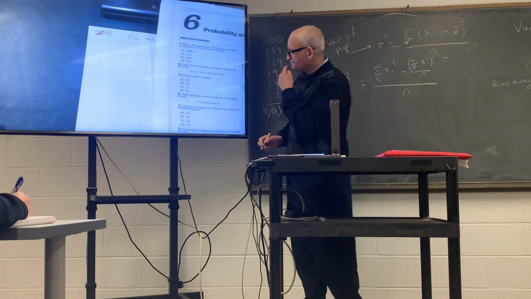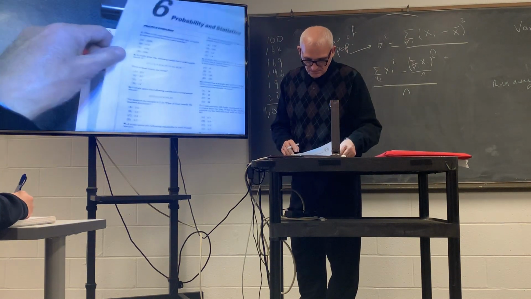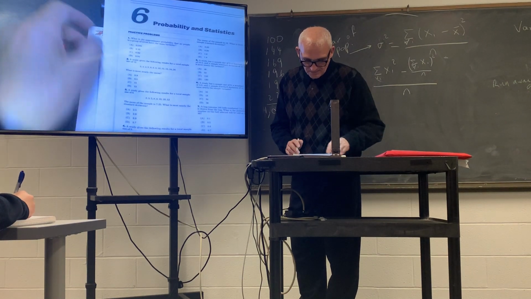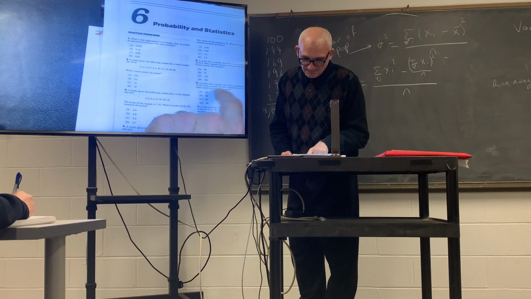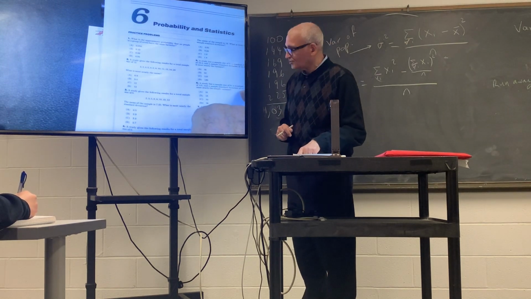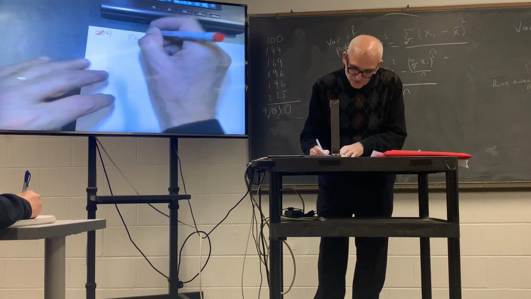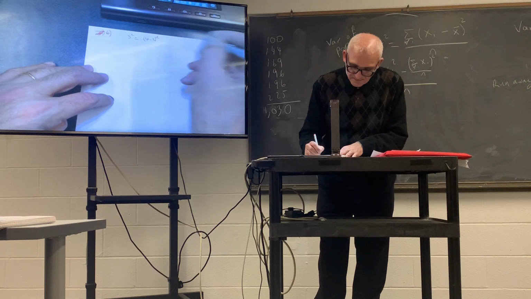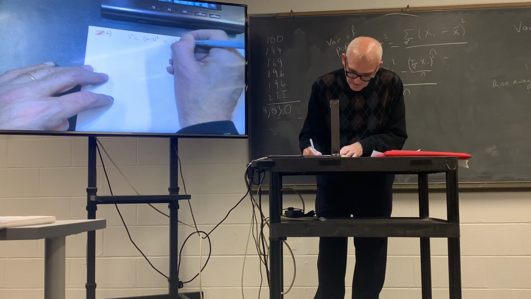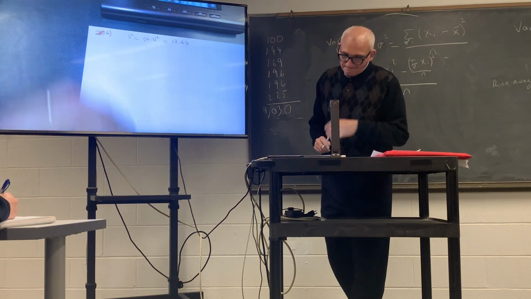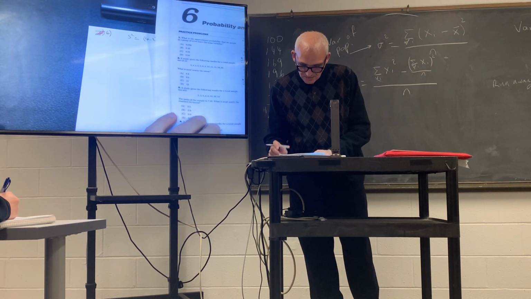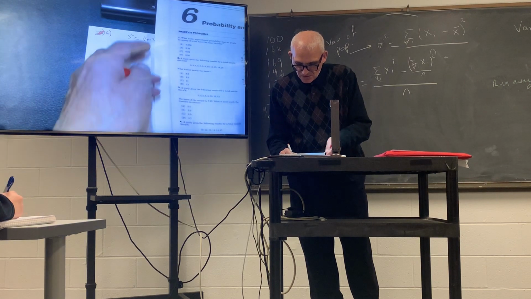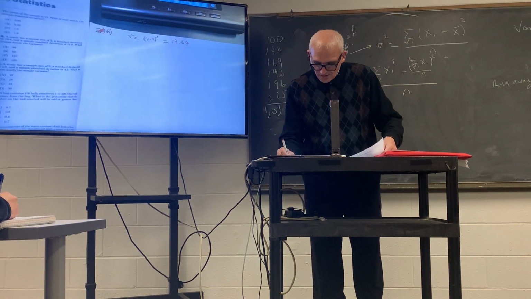Because they tell you that the standard deviation is 4, but the sample standard deviation is 4.2. So it's 4.2 squared. It's what? 17.64. So 18 is the closest, so that would be B.